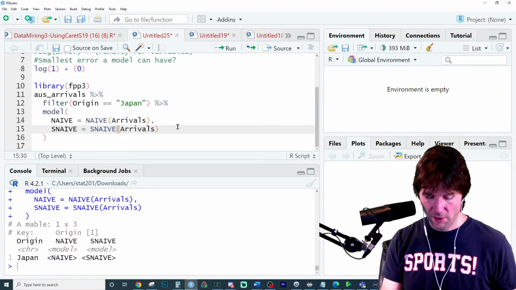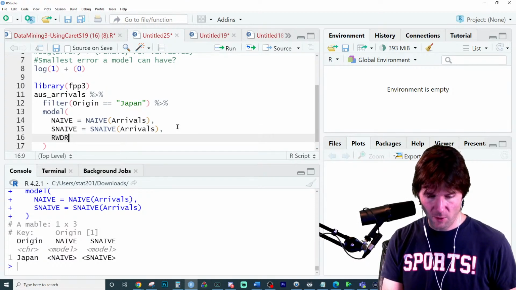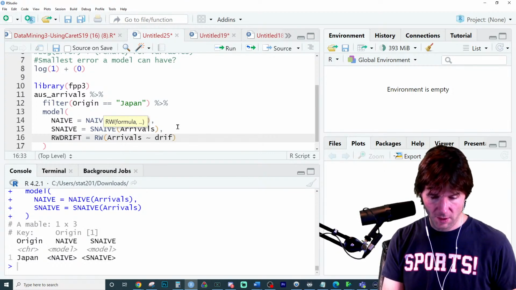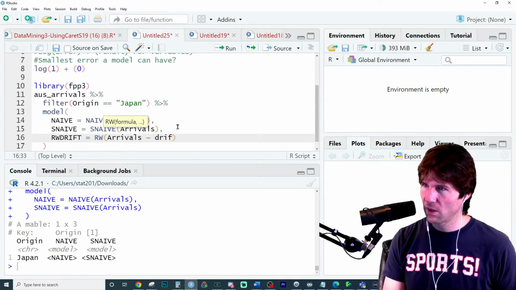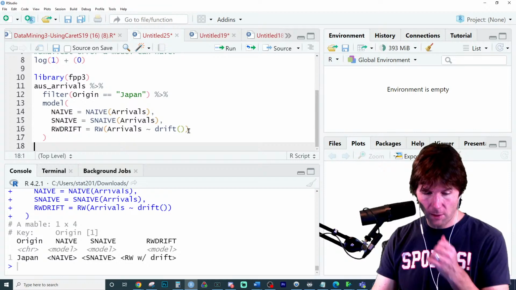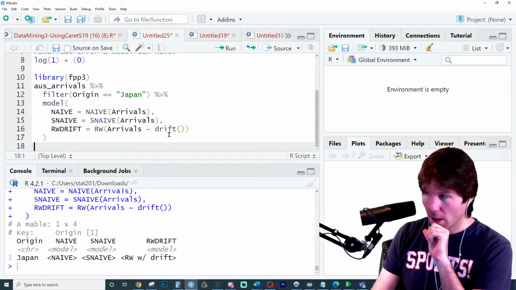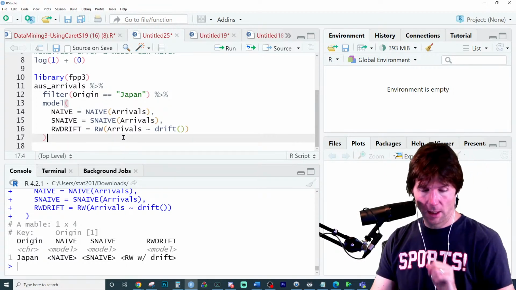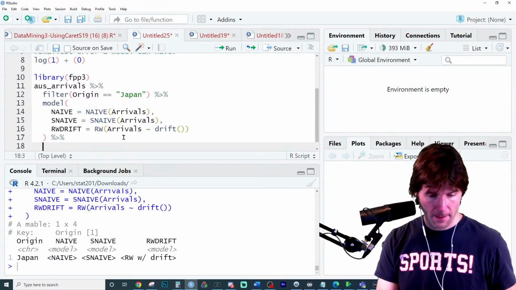Got two models. Random walk with drift equals RW tilde drift. There you go. It did it. I don't know why it didn't autocomplete. Well, it did now. Okay, now we should, fingers crossed.